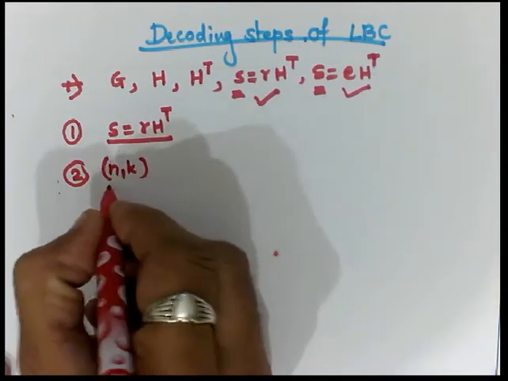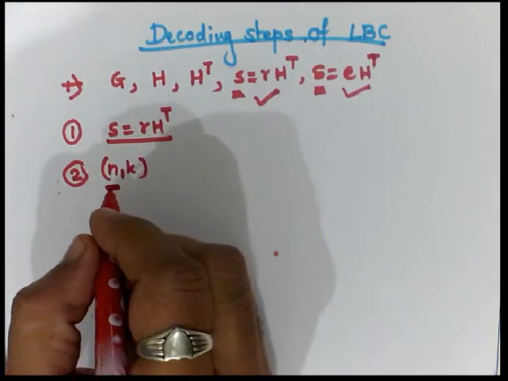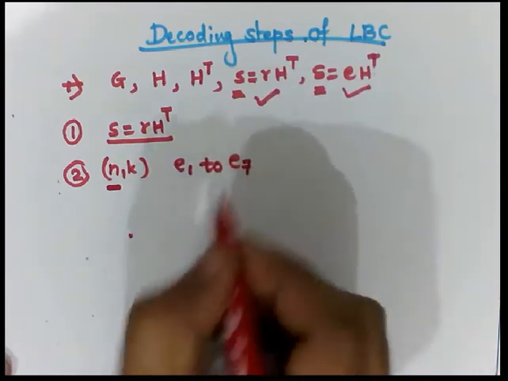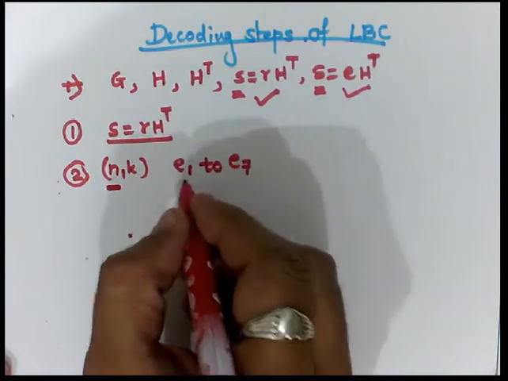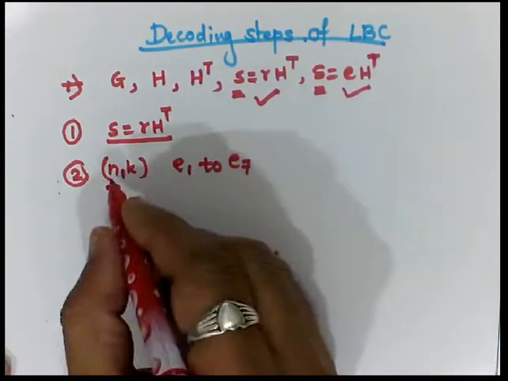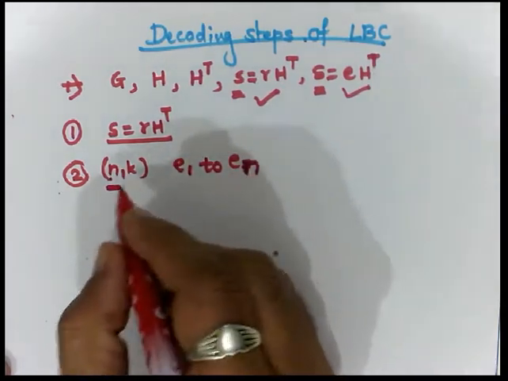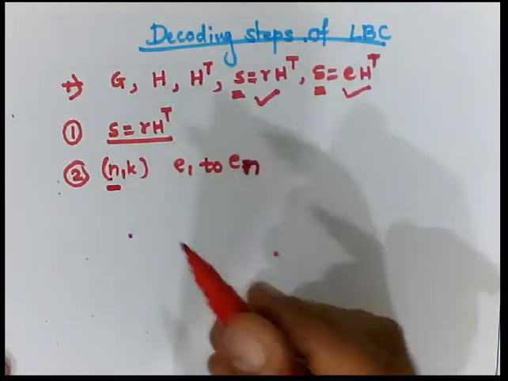यहाँ पे हमें n पे concentrate करना है. मीन्स अगर n आपका है 7, इसका मतलब है कि E1 से लेके E7 तक एरर पैटर्न्स पॉसिबल है. अगर n आपका 6 है, इसका मतलब है E1 to E6 पॉसिबल है. So this depends on n. Right now we will write it like E1 to En for the error pattern.